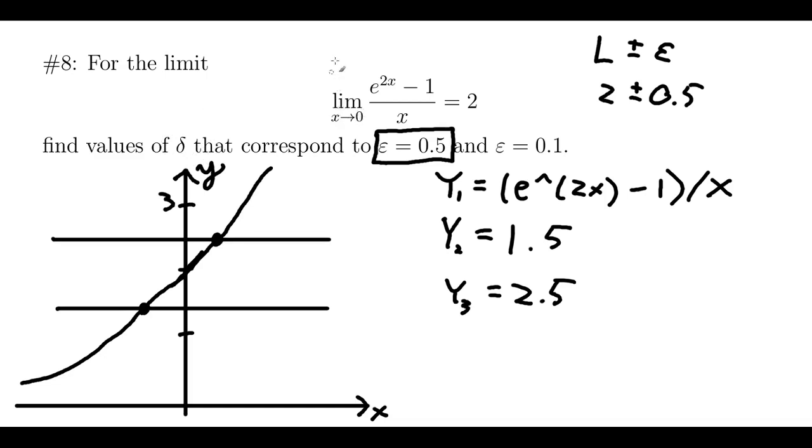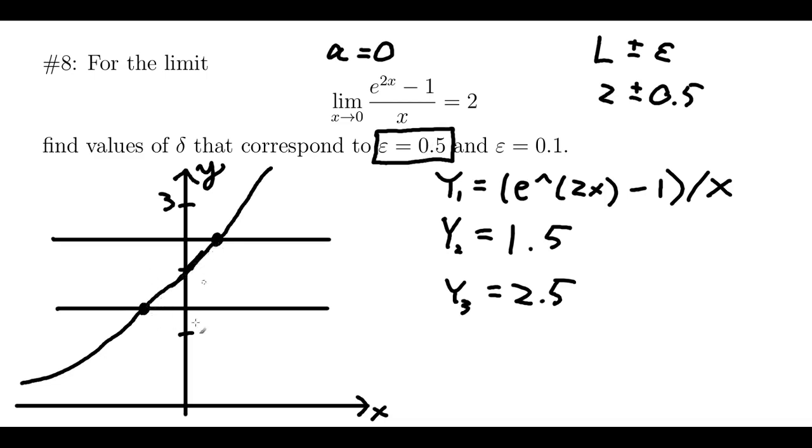In this case, 0. So in this context, a equals 0 in the language of the limit definition. This is our f of x, e to the 2x minus 1 over x. A equals 0, L equals 2, and epsilon is 0.5.